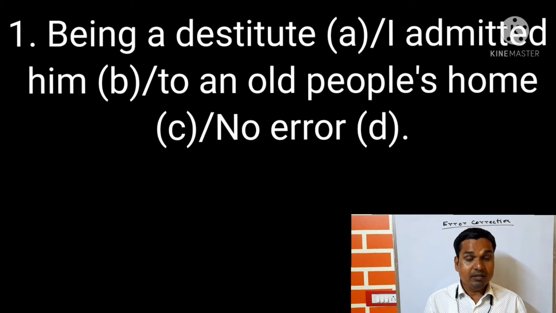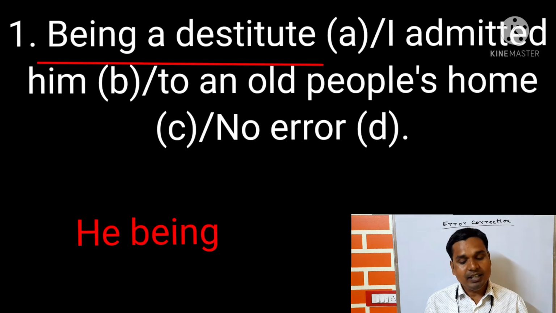The error is in the first part, being a destitute. Being is used as a participle, so the participle needs a noun. The correct sentence would start like this: he being a destitute, I admitted him to an old people's home.